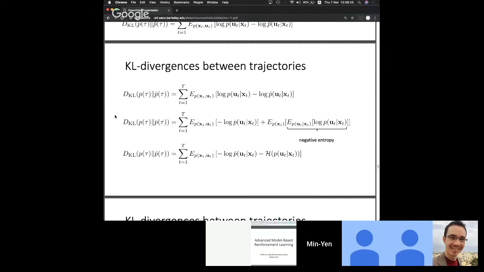The log of the conditional probability is part of the definition of the expectation. The two expectations will collapse into one because that's how expectations work, when you have the conditional inside and the one outside, it will collapse into one.